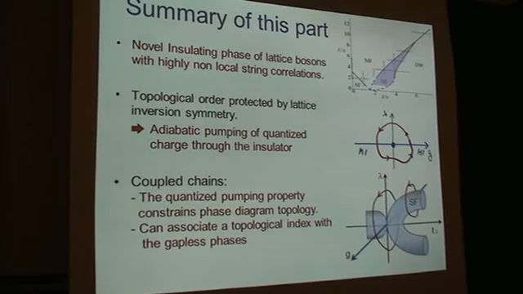And when you couple chains, you get a much more interesting pumping structure, which shows you that you can infer the topological structure of the phase diagram just because of the pumping loops, and you can associate the topological index with the gapless phases, which is much more robust than the topological protection of distinction between the two gapped phases. So this is it. Thank you.